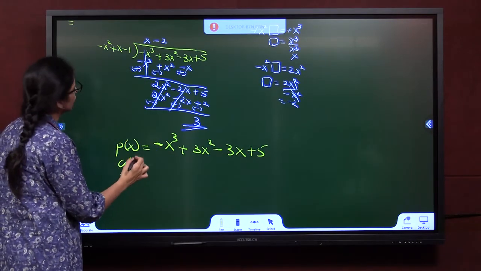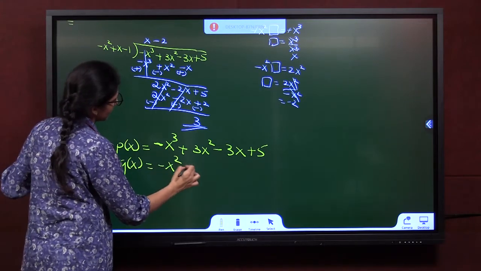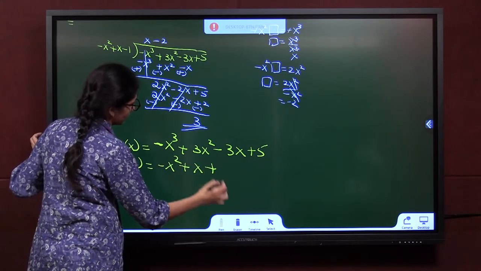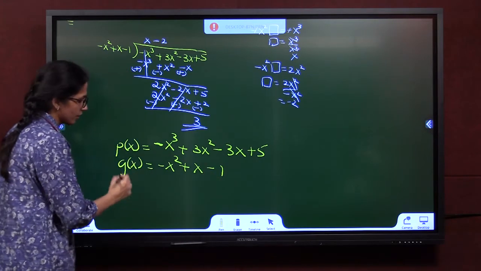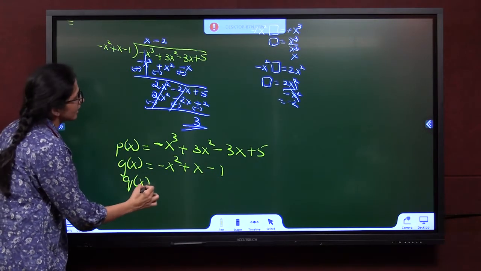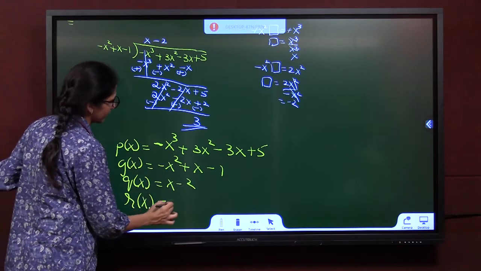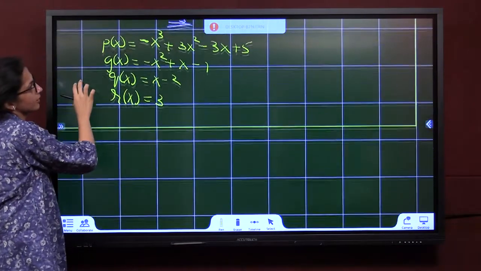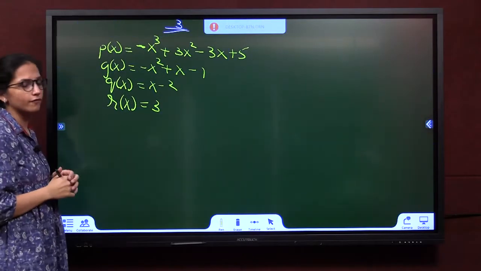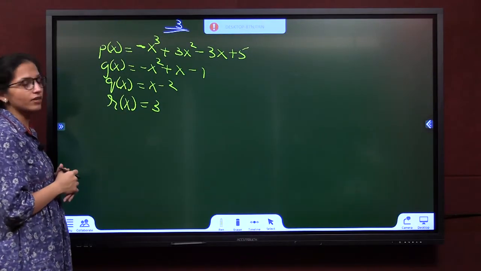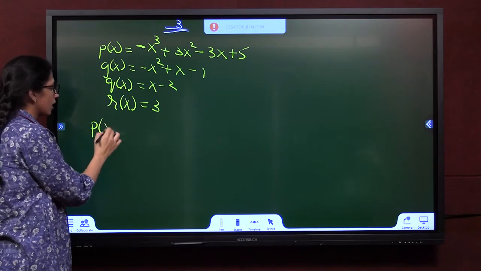And what did we get g of x as? Minus x square plus x minus 1. This was also given in the question. We got q of x as x minus 2 and we have r of x as 3. Now how do we verify this? Division algorithm verification. What does division algorithm tell you?